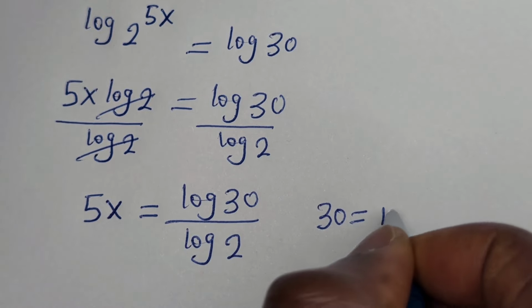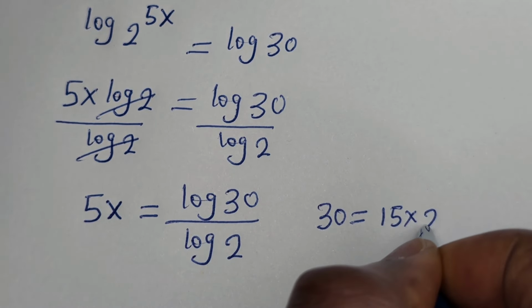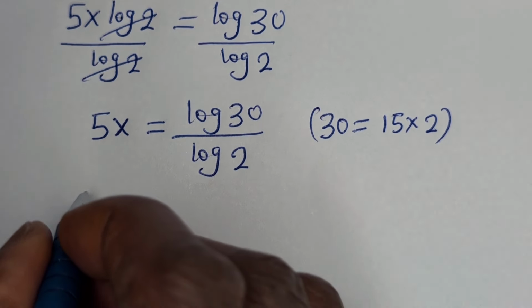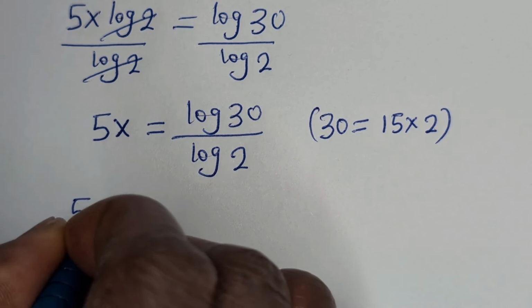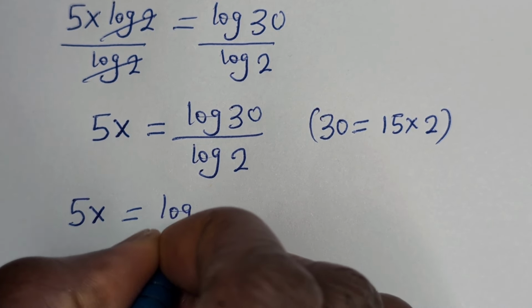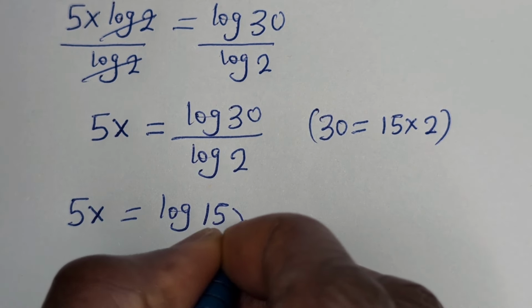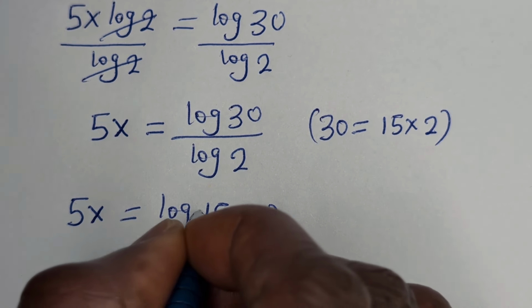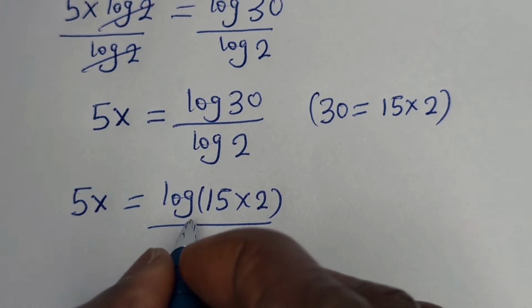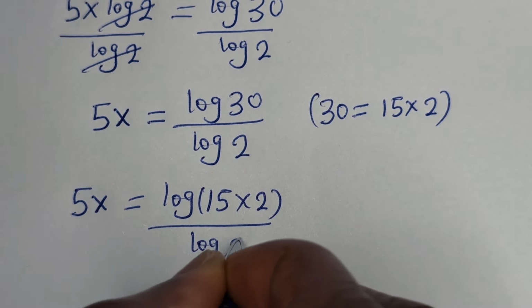Thirty is equal to 15 multiplied by 2. Then 5x is equal to log of 15 multiplied by 2, divided by log 2.